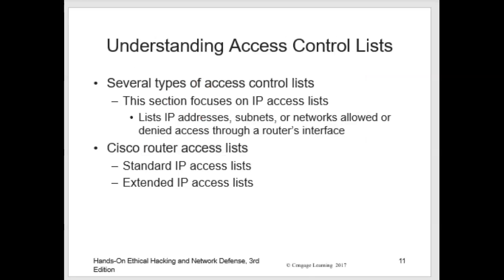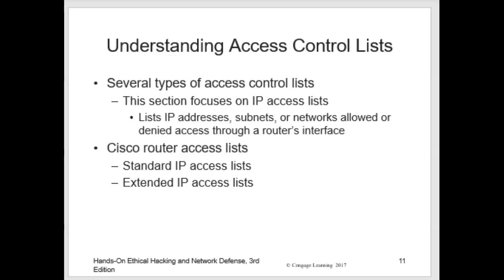Okay. So there are several types of access control lists. This section focuses on IP access lists. IP access lists are lists of IP addresses and subnets with them, or the networks that are allowed or denied access. So there are two different IP access lists. One is the standard IP access list, and the other is the extended IP access list.